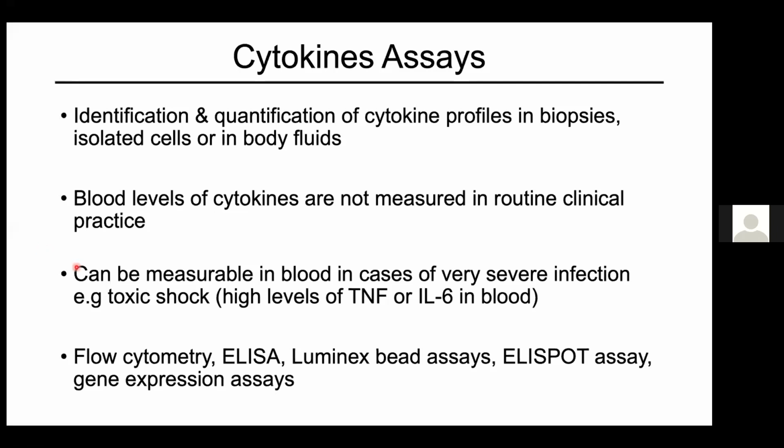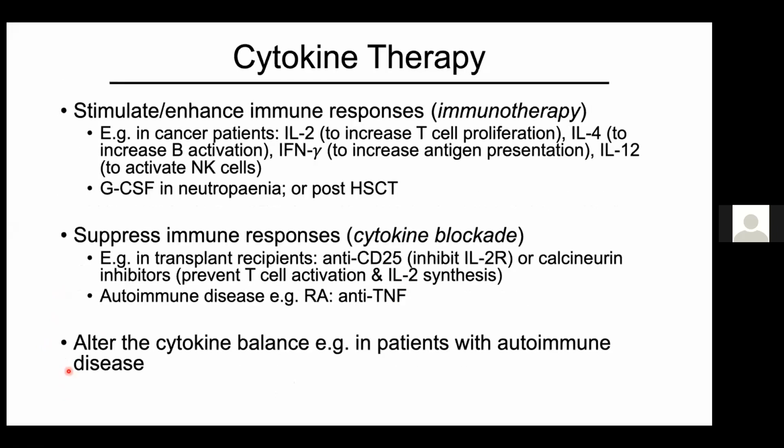But this can be applied in cases where you have a lot of cytokines being produced in the innate immune response, like interleukin 6 or tumor necrosis factor, where you have a toxic kind of presentation because of excessive cytokines. There are several platforms that can be used to measure them. We'll talk more about these platforms in year 4, so I won't go into details of that.